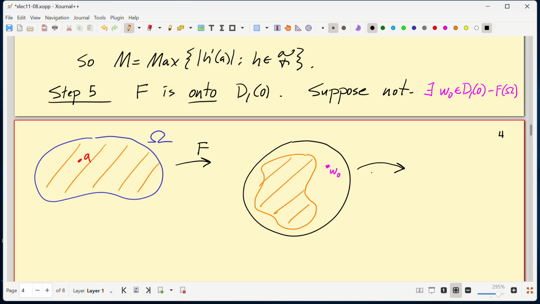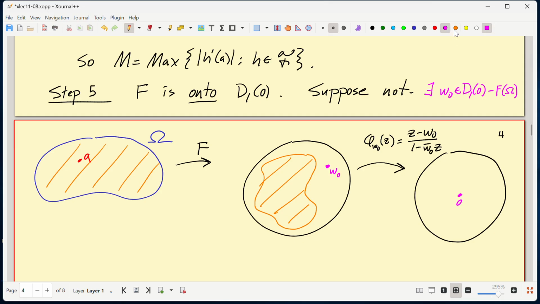I'm going to take phi sub W naught of Z is Z minus W naught over 1 minus W naught bar Z. That's going to map to the unit disk, and it's going to move W naught to the origin. And omega gets mapped to some blob like that.